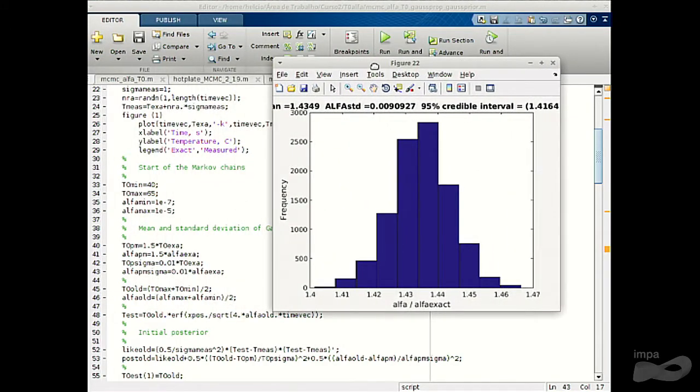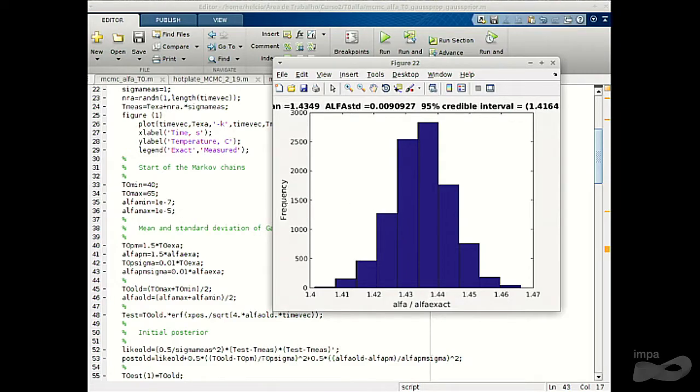This is the histogram for alpha. Very nice Gaussian distribution, right? But look where it's centered. It's centered completely offset from the exact value, which should be 1, okay?